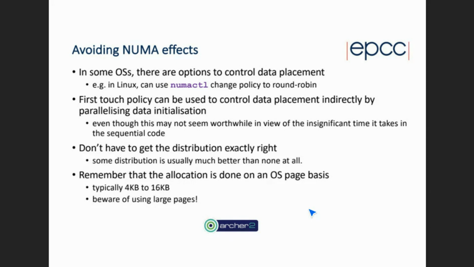Well, maybe because that determines where that data is going to be resident in memory. You typically don't have to get the distribution exactly right, and in fact, for some applications, there may not be an obviously right distribution. But at least some distribution is usually much better than none at all. Just want to really avoid this pathological case of having all your data in one NUMA region.